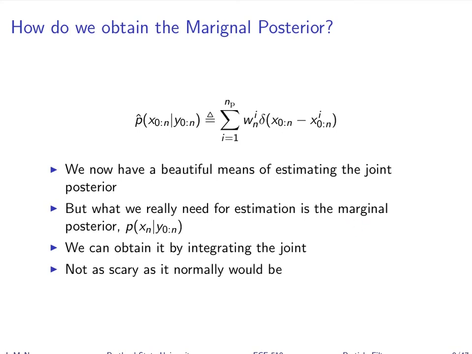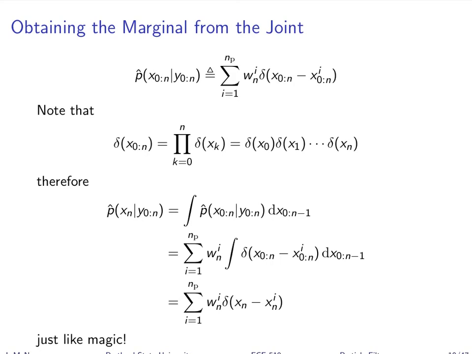But right, we still need the marginal posterior. This is the joint posterior, so we're not quite there. So we need the marginal, but you know what? It's easy. It turns out, because our joint is this weighted sum of impulses, where these impulses are this multidimensional product, one way of getting the marginal is to simply integrate out everything except what you want to retain.